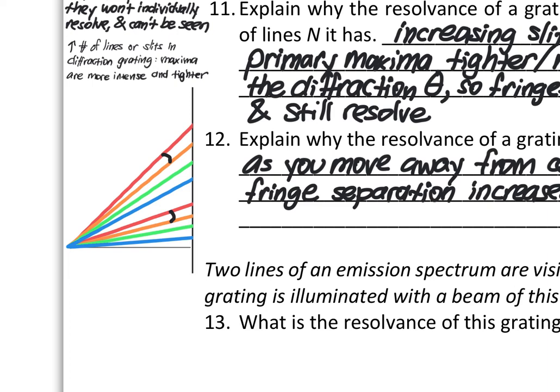So the angles between, say, red and maybe orange or yellow for the first order will be the same as the angle for the second order. So if this was shown upon a semicircular screen, then there would be no difference in the fringes.